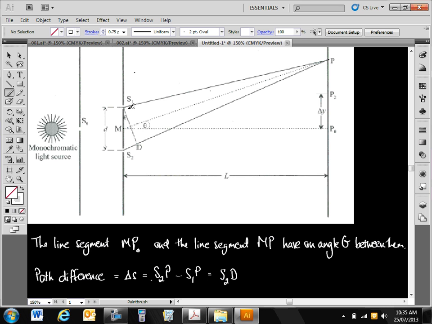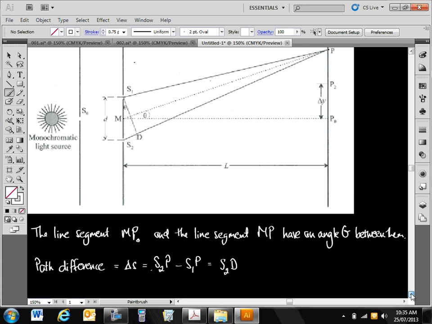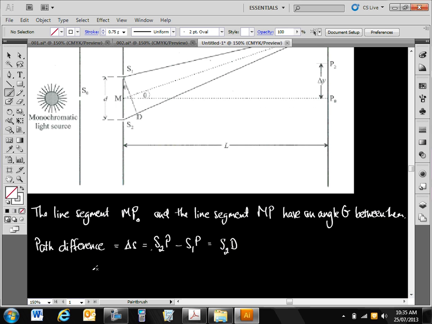The triangle S1DS2, there's a little triangle in there. This angle here, DS1S2, is also equal to theta. Can somebody tell me why that is, geometrically?